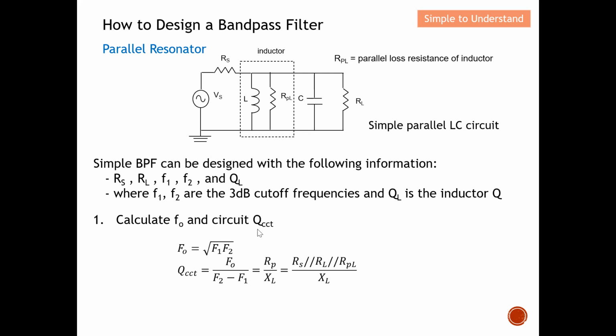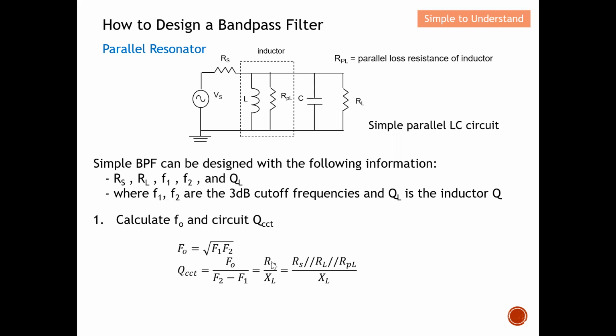Next, we can also calculate the circuit Q, which is the Q for the whole circuit. This is how we calculate the circuit Q: F0 over F2 minus F1, the resonant frequency over the upper cutoff frequency minus the lower cutoff frequency. Alternatively, we can calculate the total circuit Q by this equation, which I proved in the previous video. This is the Q of a parallel resonator.